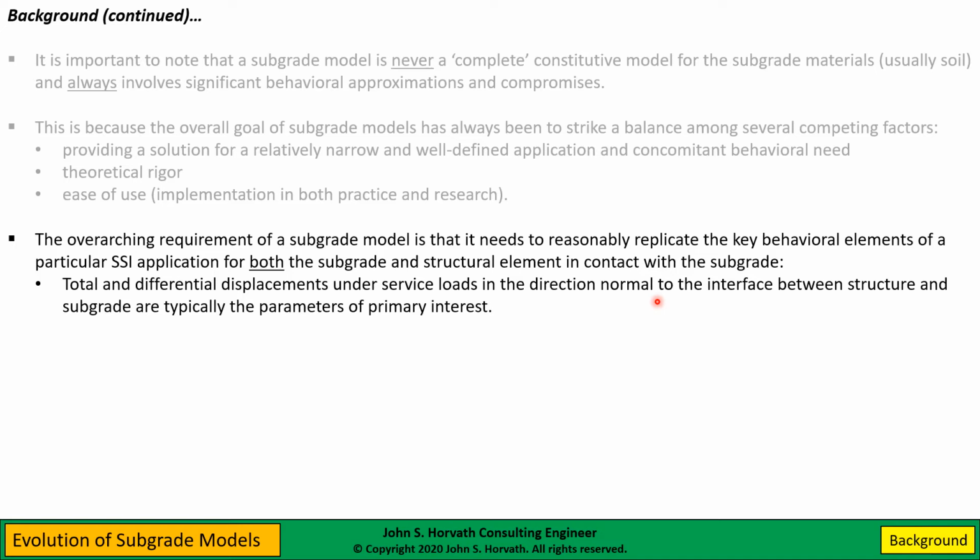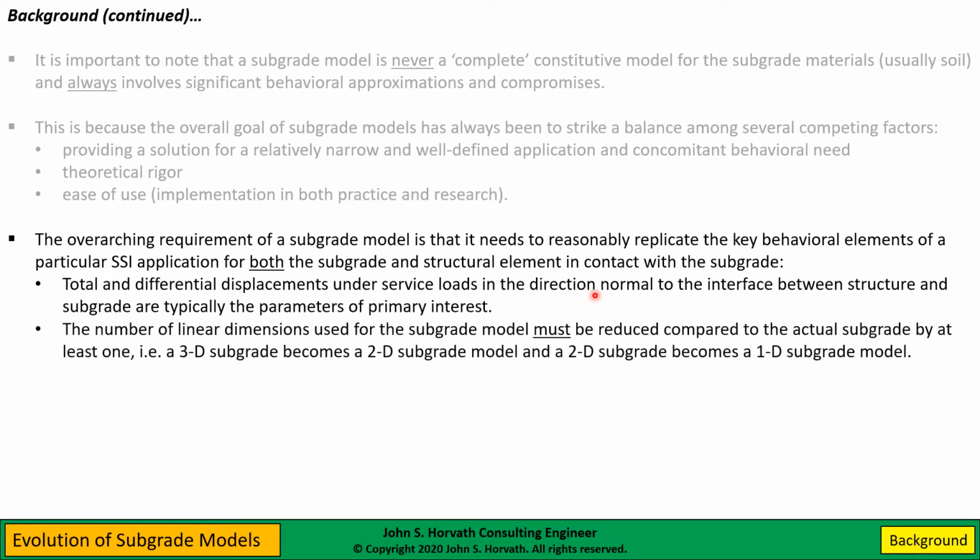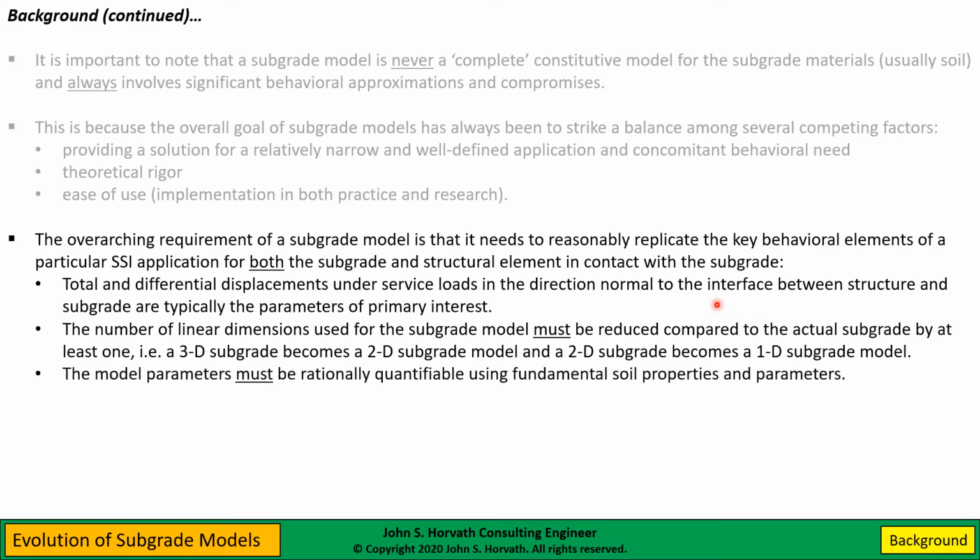So typically, the total and differential displacements in the direction normal to the interface between the structure and subgrade are of primary interest. As I've said previously, we need to reduce one of the dimensions of the problem by at least one. If you have a 3D subgrade, it's got to be a 2D subgrade model. With a 2D subgrade, as in laterally loaded piles, a one-dimensional subgrade model is adequate.